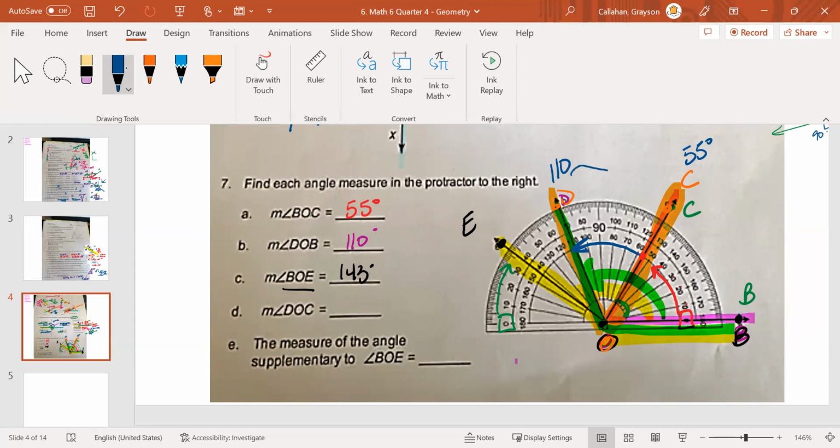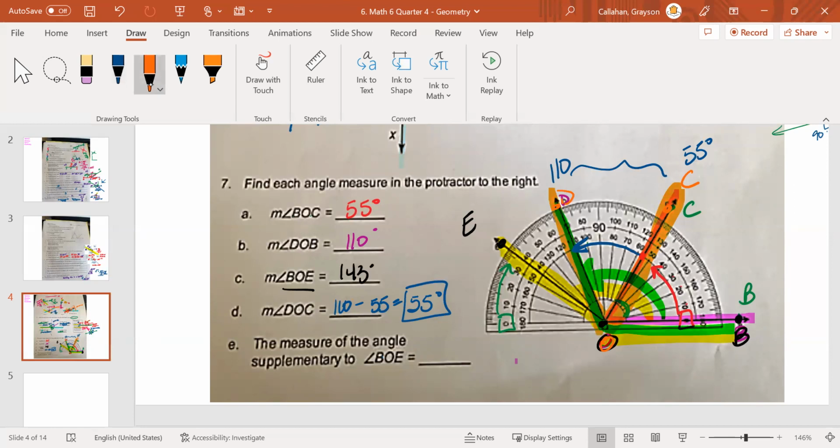So to find the difference between 55 and 110, you will need to subtract them, which will then give you 55 degrees.